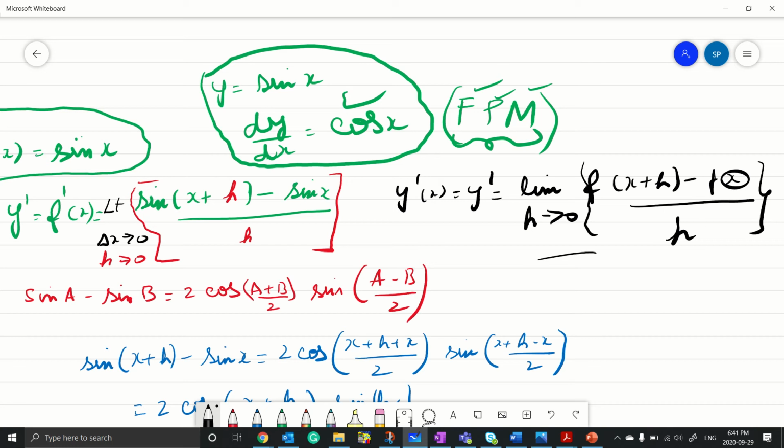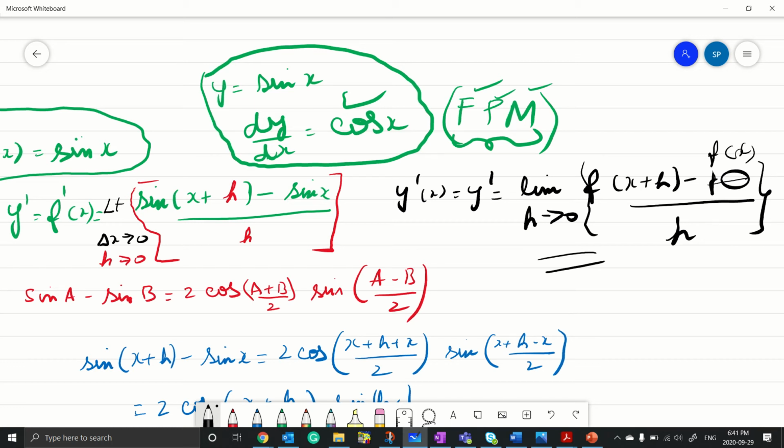This is the formula, right? So I think there's an error here. It has somehow noted a bracket, but that's okay. What it means is basically f of x.